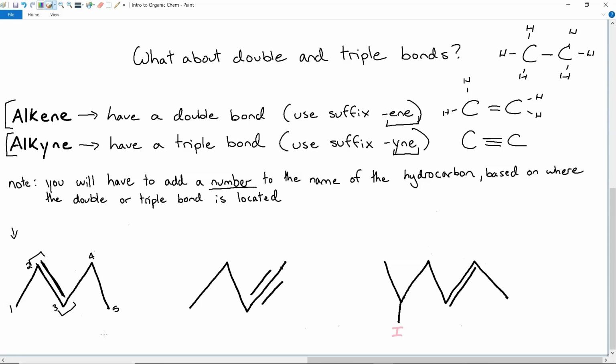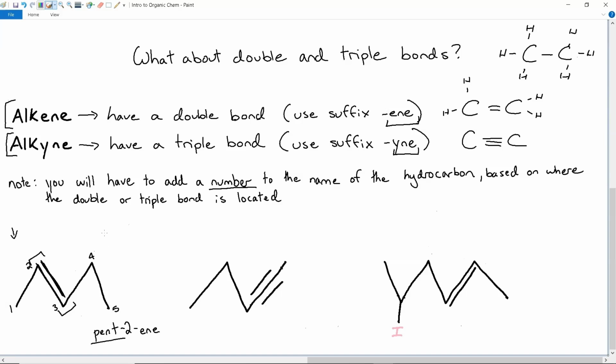I definitely have something with pent in it because we have 5 carbons. But I want to add a number to represent where my double bond is in the hydrocarbon. So I'm actually going to put the number before the suffix. So this would be pent-2-ene.